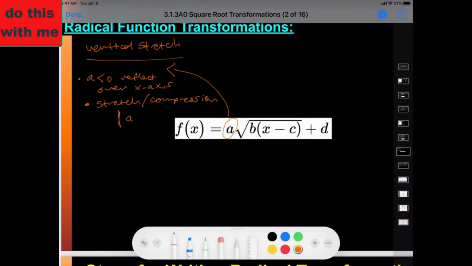The absolute value of A. So let's go to B now. Notice how B is on the inside, and that B value is the horizontal stretch or compression.